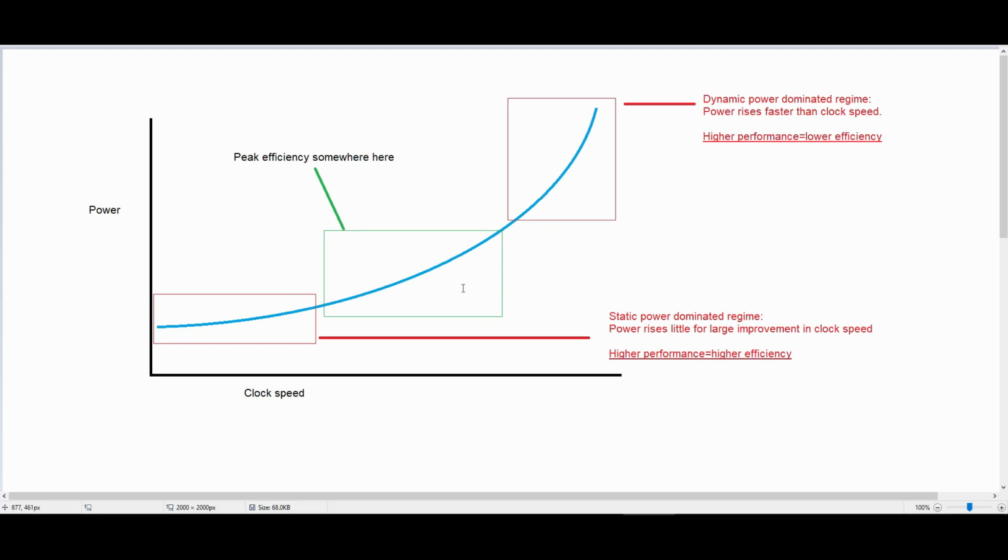Now, if we take one core, say, and we want to use up the whole 15-watt power envelope with that single core, well, you can almost do that with Matisse, for example.